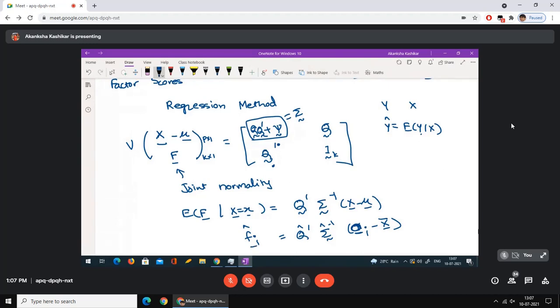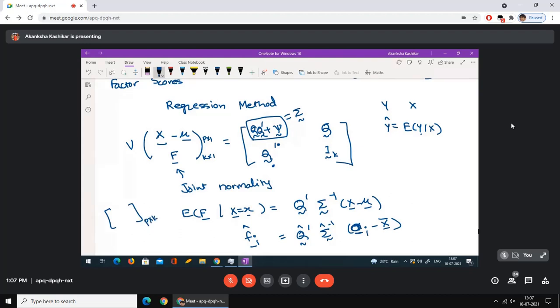Okay, let me repeat. There is a slight confusion about notation. Just like PCA, every factor will have scores corresponding to every observation. You remember the score matrix that we computed in PCA?